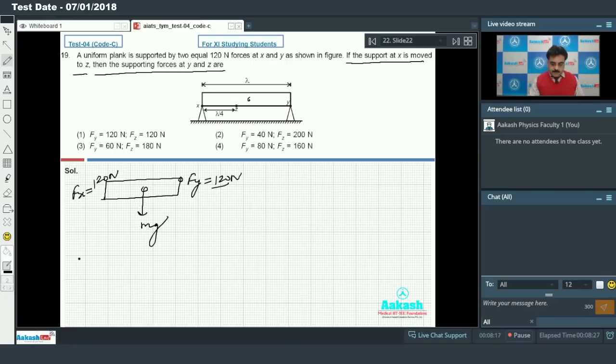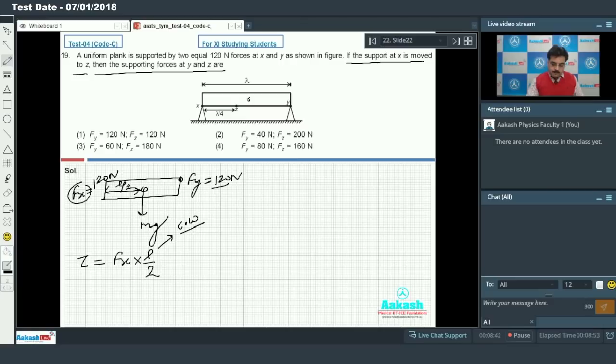Initially if I take torque, first the torque due to Fx, so Fx, and we need the perpendicular distance, that is L by 2, and this torque has the sense of direction clockwise.